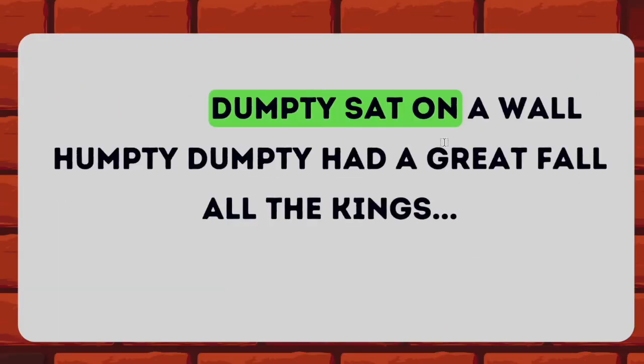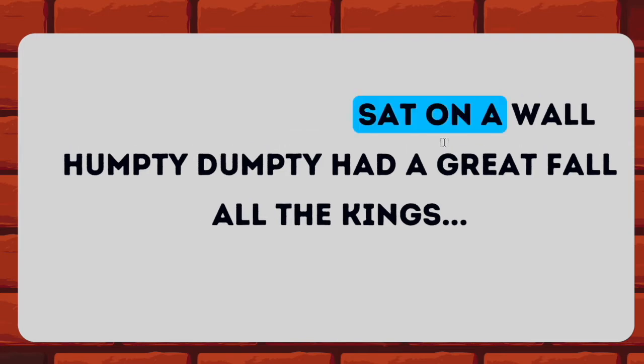Now we proceed to group B and we identify the next three words. So we just move along in the chant or the song. Humpty is now removed and we look at Dumpty as the first word, sat as the second word, and on as the third word, and thereafter we put it into the formula.